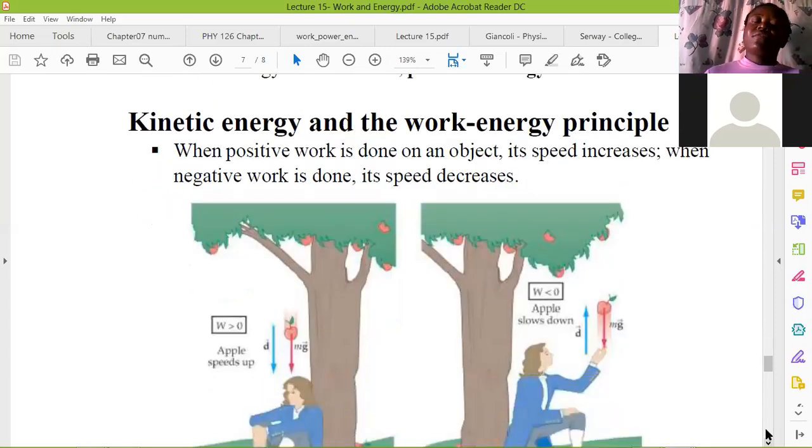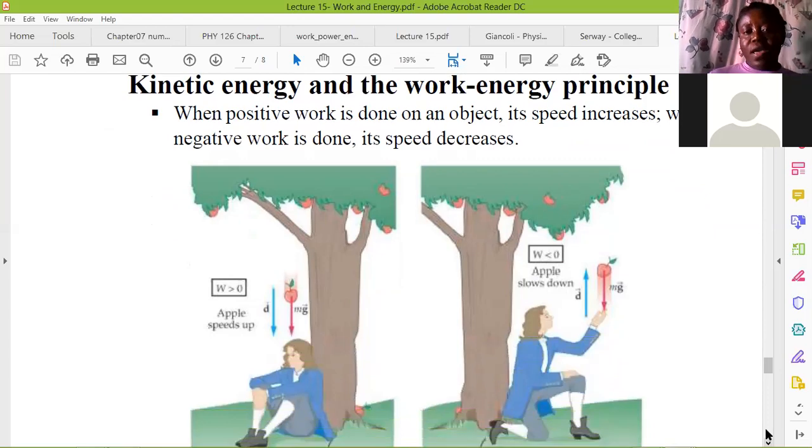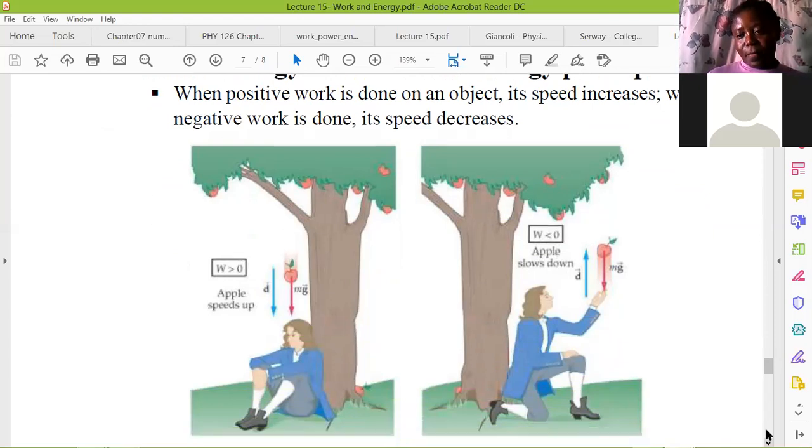As we said, energy is the ability to do work. So when positive work is done on an object, you see that the speed increases.